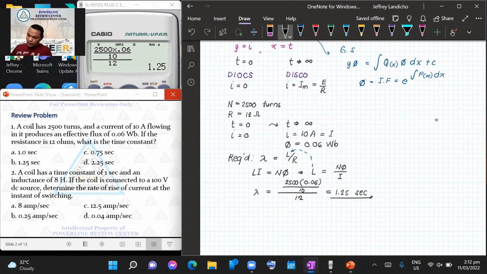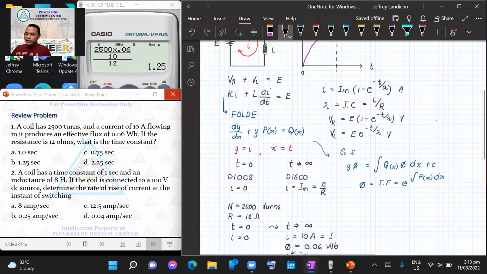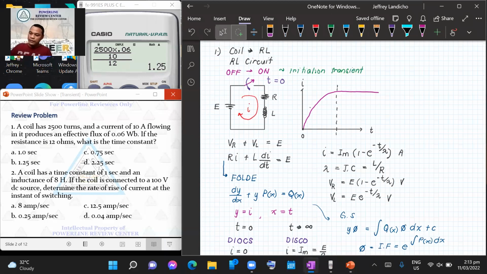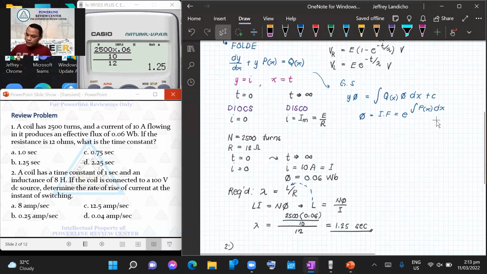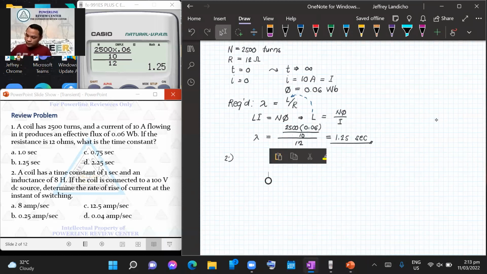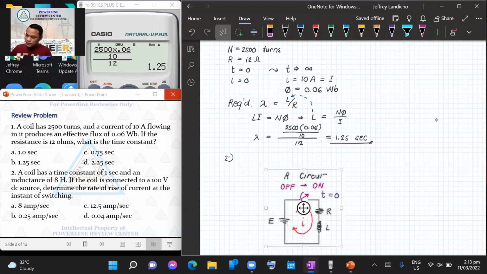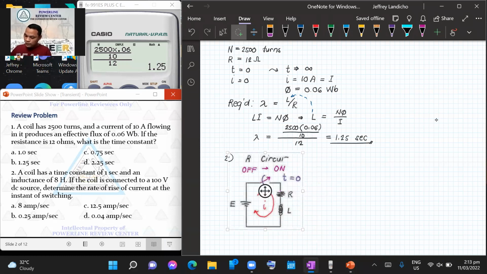Let us try number 2. For number 2, again, we have a coil with a time constant of 1 second. So, this is our coil again, so I will just copy it.